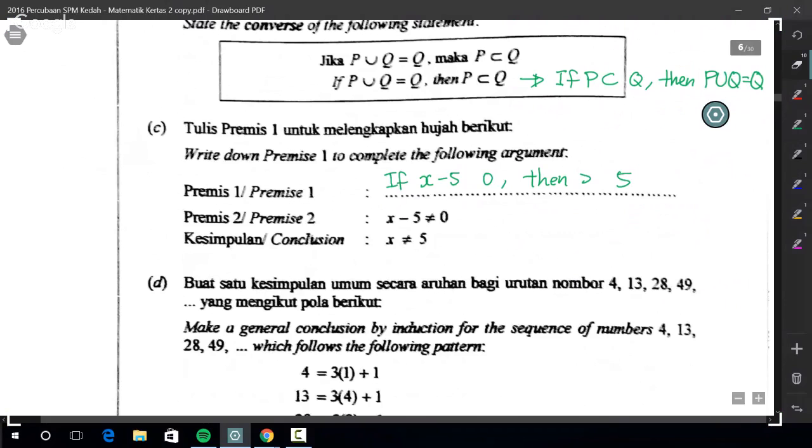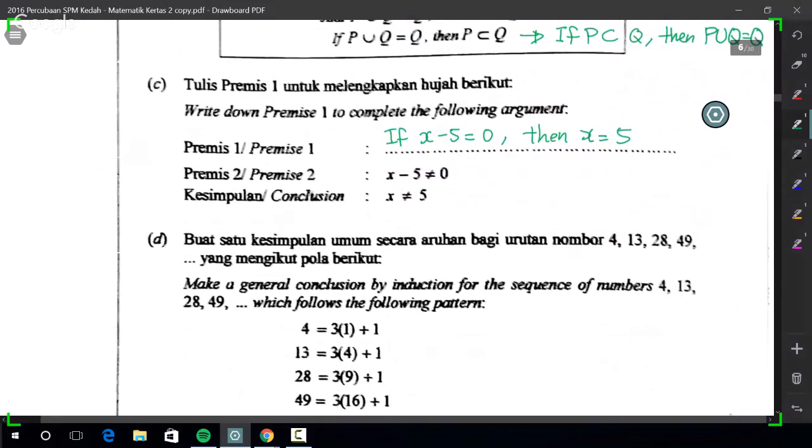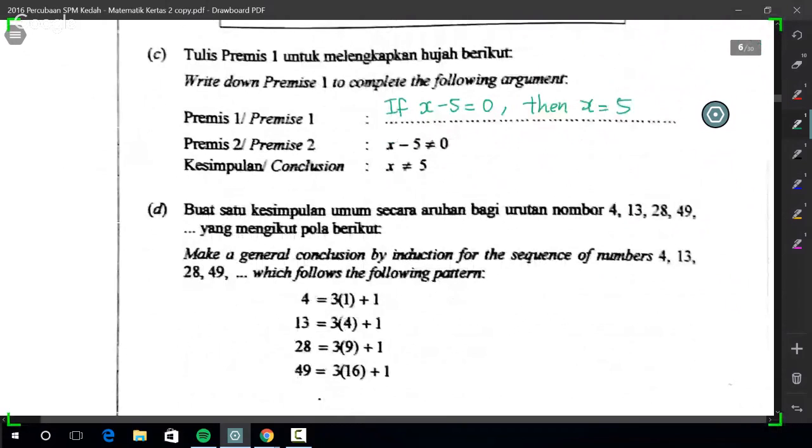So what I will do is I will try to change like this. If x minus 5 equals to 0, then x equals to 5. So x minus 5 is not equal to 0, then x is not equal to 5. Right? So yeah, I think this one will be the best answer. Because I don't have the marking scheme for this one, so I guess this one should be the correct one.